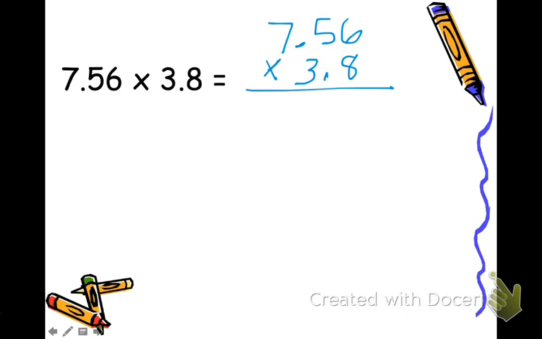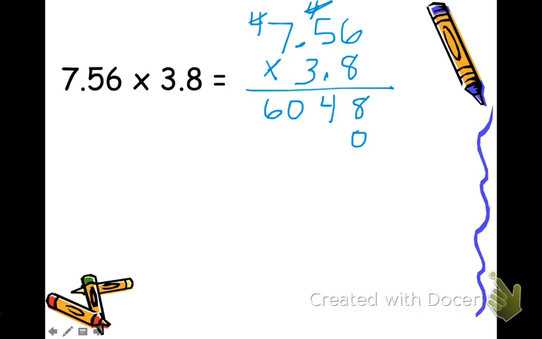First I'm going to start with 8 times 6, and that is 48. Carry the 4. 8 times 5 is 40, plus 4 is 44. And 8 times 7 is 56, plus 4 gives me 60. Placeholder 0 to move on to the 3.